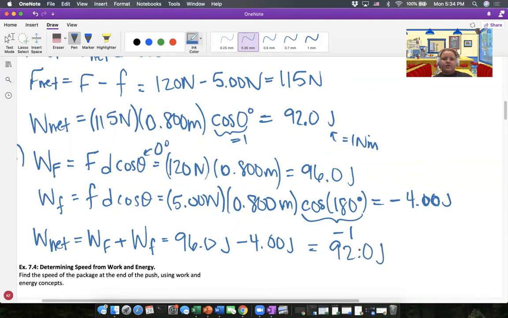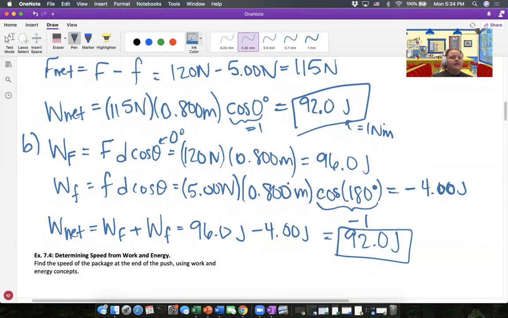As you can see, this value is the exact same as the value that we just calculated. Both of these ways are acceptable. You may think that one is easier than the other, so you can do it either way.